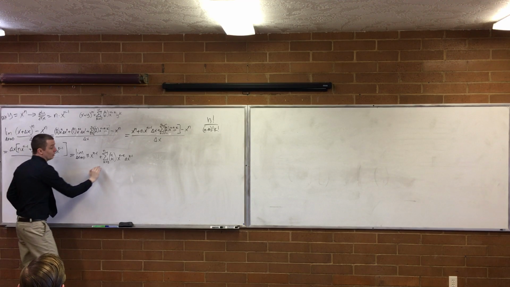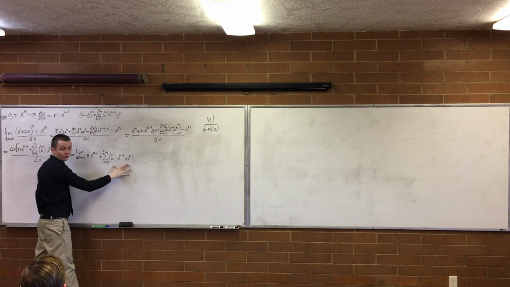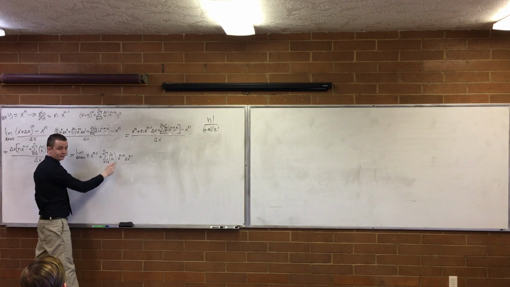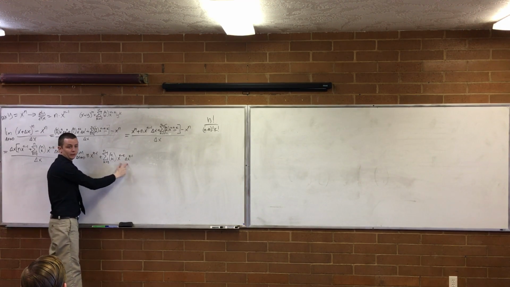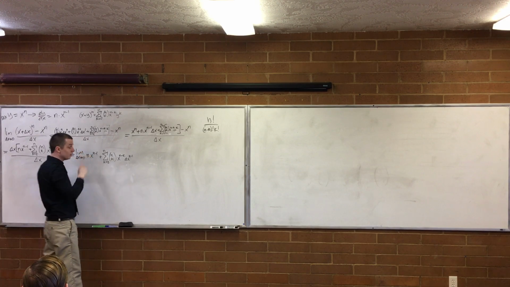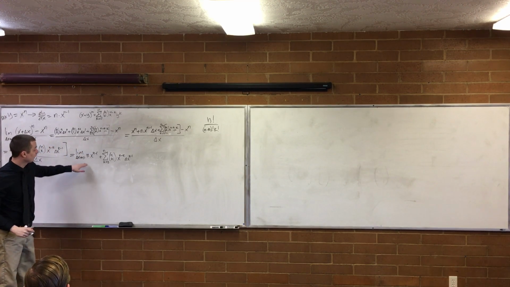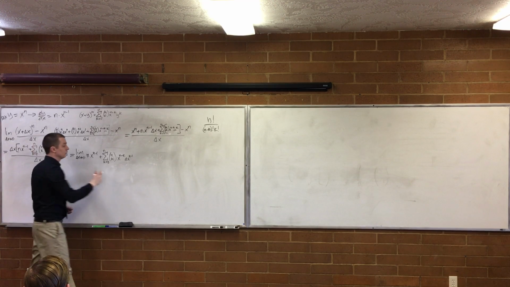Notice every single one of these terms is going to have at least one delta x in it. The first term has 1 delta x, the next term has 2, the next term has 3, the next term has 4. It's going to 0, so you can cancel all that out. So when we take our limit, every term in here goes to 0.